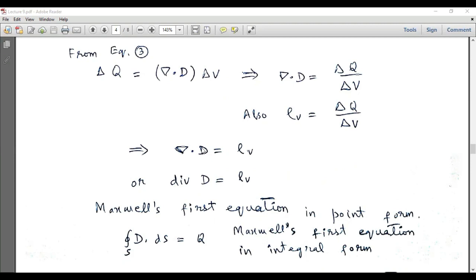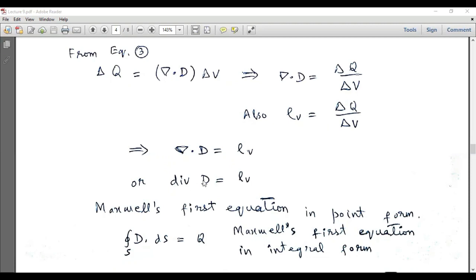We will discuss curl in more detail in the coming lectures when we move towards the electrodynamics section of this course. But in electrostatics, we will just deal with the dot product of this vector operator with the electric flux density, and it is called divergence of D.